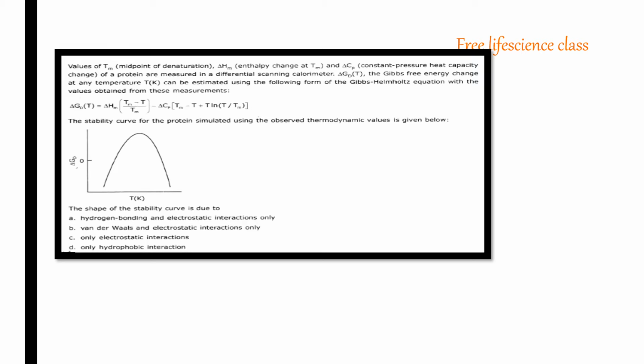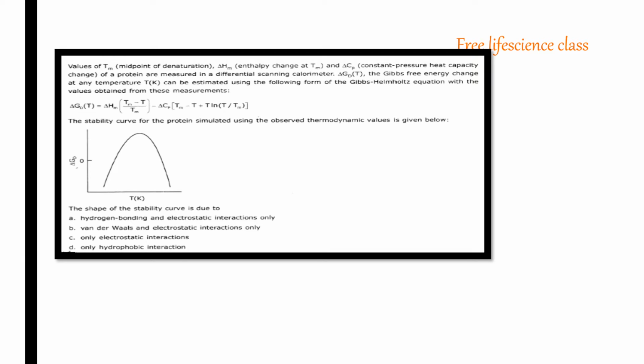So I hope we can discuss the answer. The first option is that the shape of the stability curve is due to hydrogen bonding and electrostatic interactions. The second option is van der Waals and electrostatic interaction.